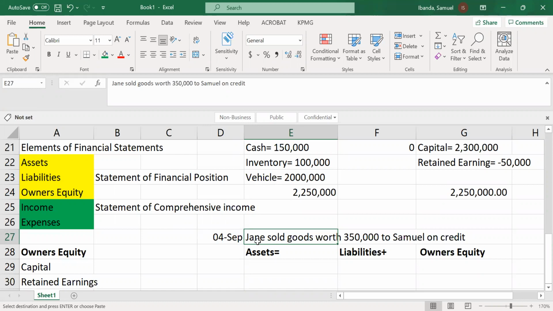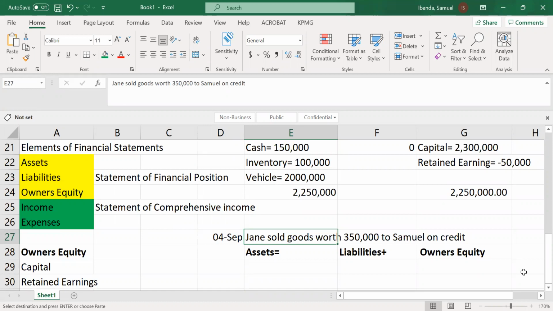Samuel is a debtor to our business. The person we've sold to on credit is regarded as a debtor. And debtors are assets, and specifically recorded under current assets. So that is what happens.